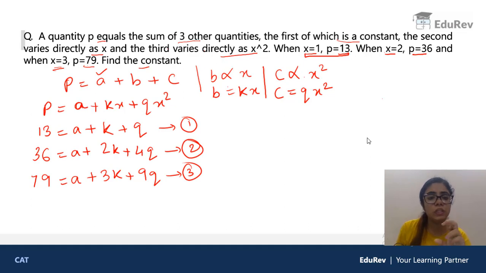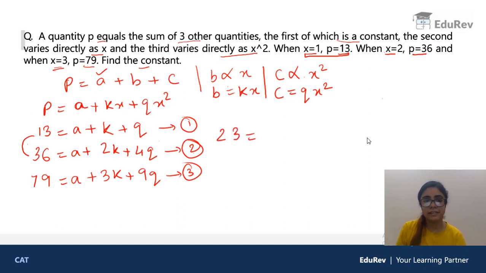What we'll do is, we'll try to solve these equations simultaneously, eliminate the variables, and then figure out the value of A. So suppose I solve equations 1 and 2, you can eliminate any one of the variables. Okay? Let's say I want to eliminate K. Or you can even eliminate A for that matter. Let's eliminate A. Suppose I just subtract 1 from 2. So 36 minus 13 will become 23.